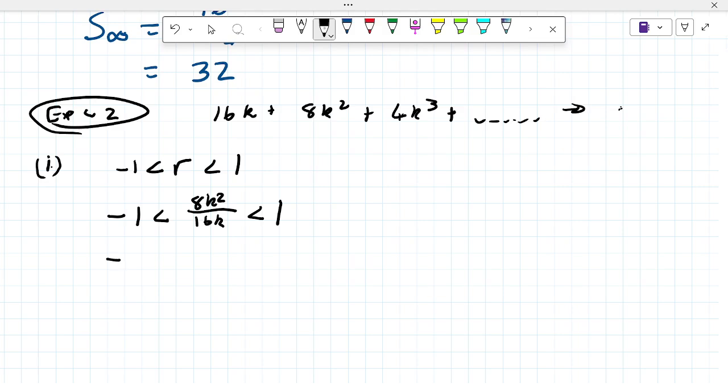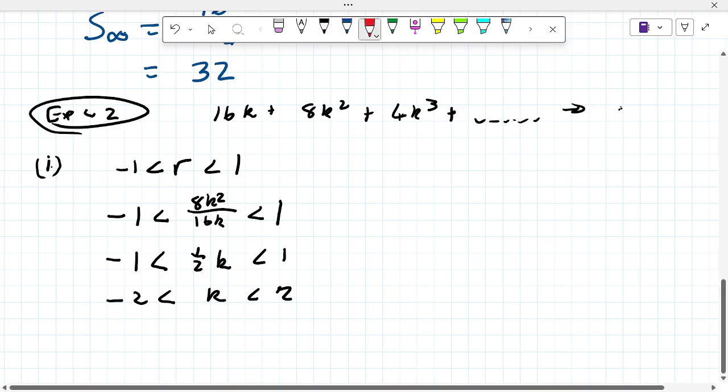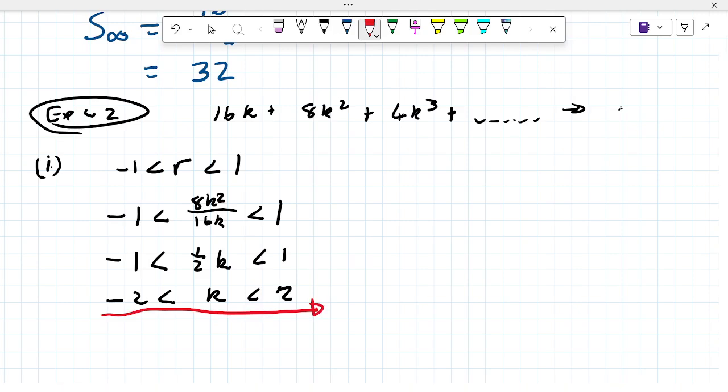Let's simplify that. This leaves me with a half K. Now I must multiply by 2. So K must be greater than minus 2 and smaller than 2. If this is the case, then my series will converge.